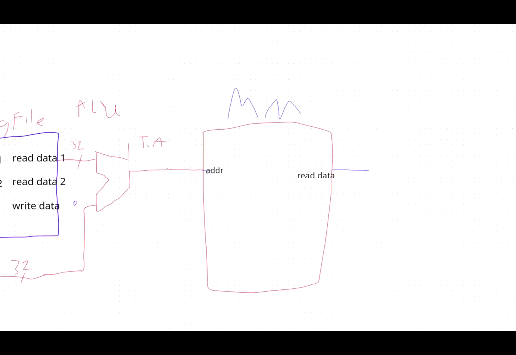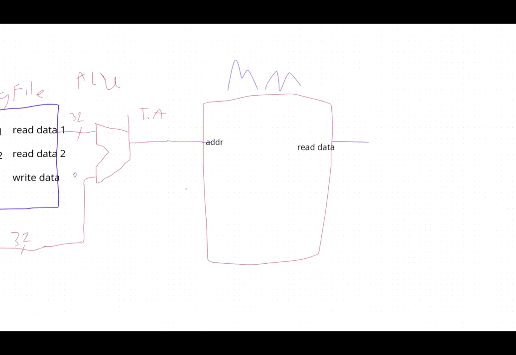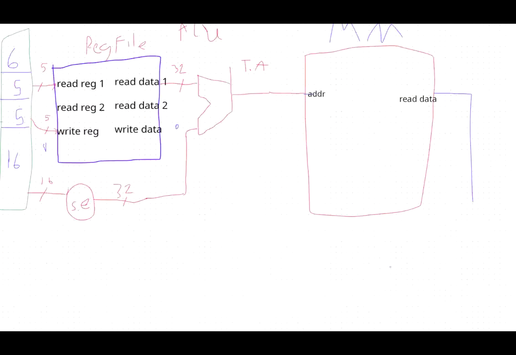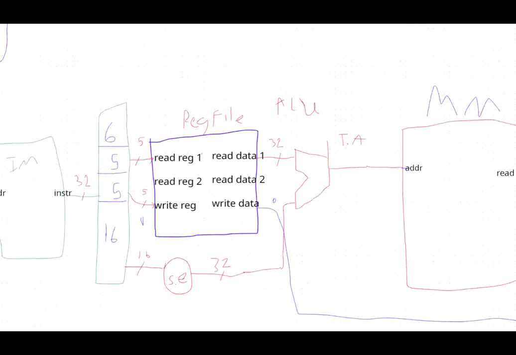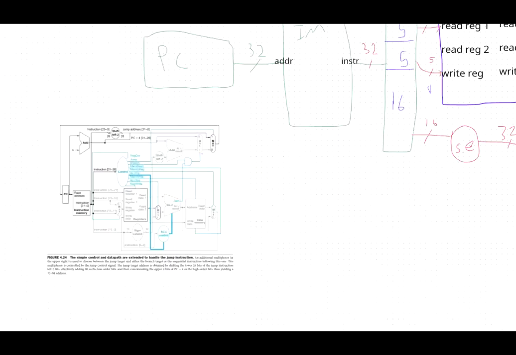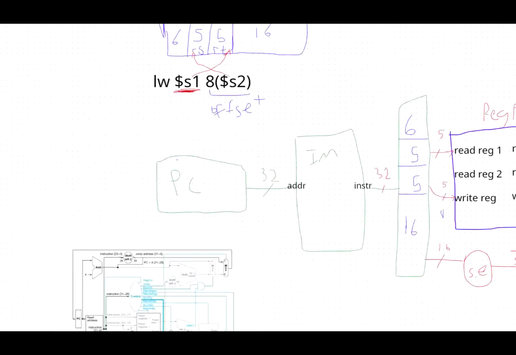So we read the data, and then we want to put it into the register that we want to write into. So you just pick a line, we go here, and yeah. But again, we're not done because we need the PC plus 4. That goes for pretty much everything.